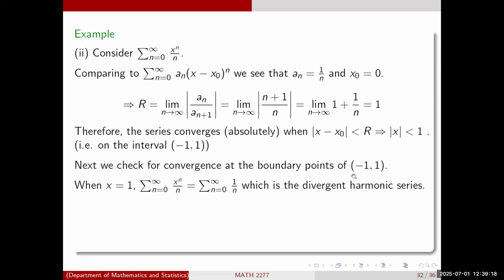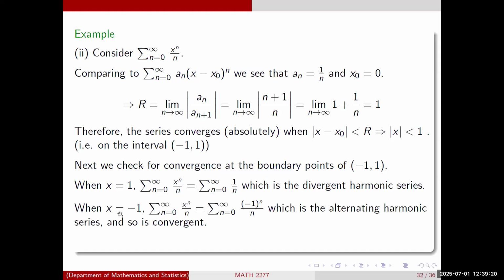What about when x is equal to -1? When x is equal to -1, take -1 and plug it into x, right? And we get this series, and now we see why it's important to know the divergent harmonic series, the alternating harmonic series, and the p-series, because they come up a lot when you do this power series sort of thing, right?